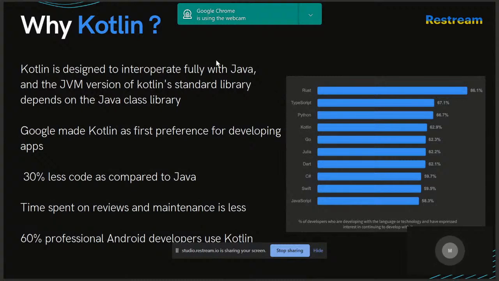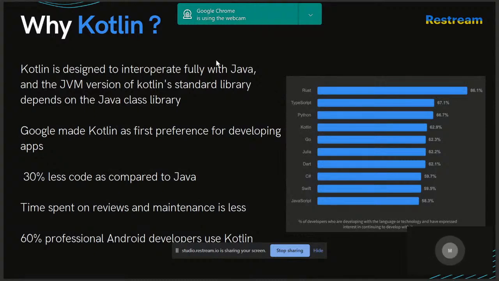So now, knowing the advantages of the Kotlin programming language, you know why we have to choose Kotlin, right? The first thing is that it provides robust code. The second thing is that it provides less code and fewer bugs. The third thing is that it provides a mature platform, and the time spent on reviews and maintenance is also less when you compare it with other programming languages.